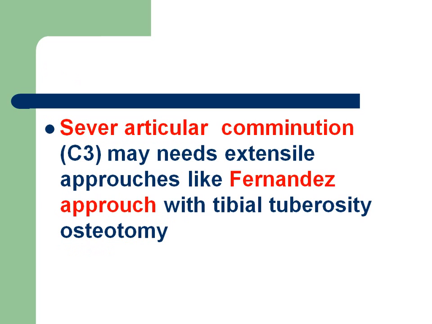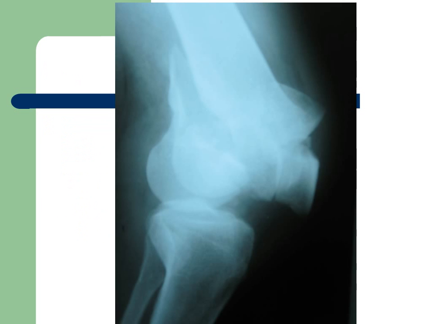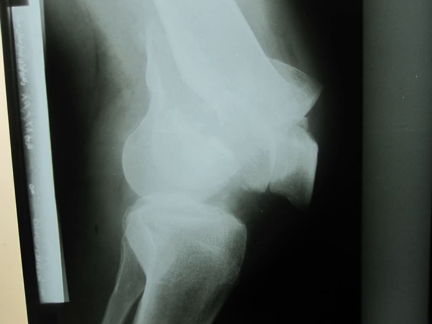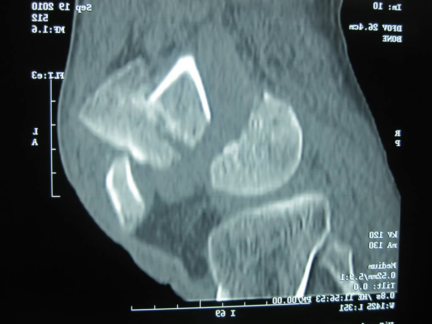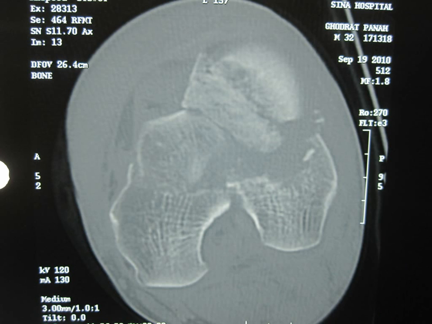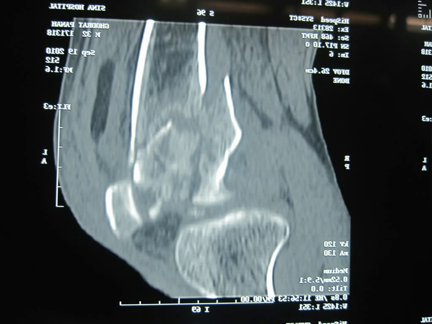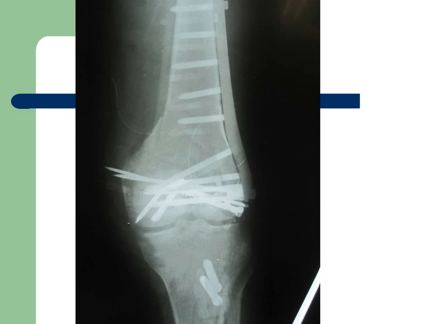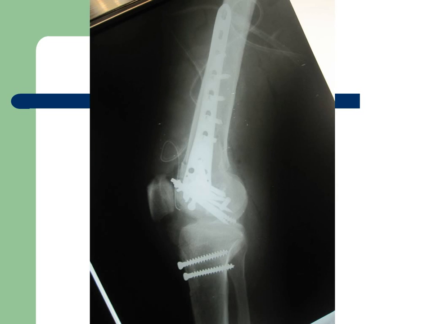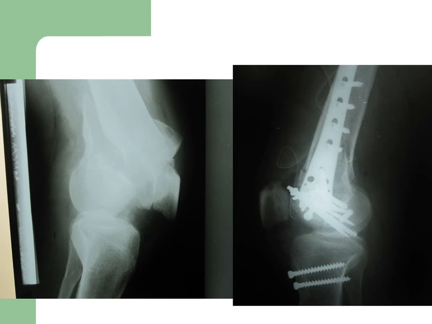That's one of the examples that I bring from my ward, and you see this type of fracture. We also got the CT of the case, with AP and lateral X-ray, the comminution of that, and I fixed it, as you see, the bicondylar fracture, with screws, and after that using a lag compression, after tibial tubercle osteotomy. This is the result in AP and lateral X-ray.